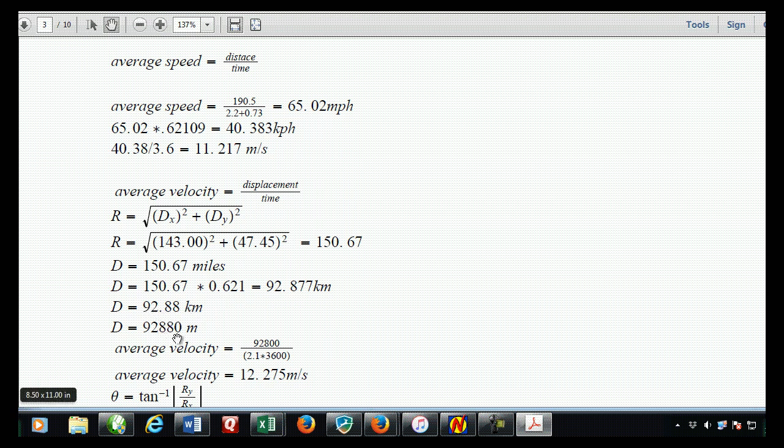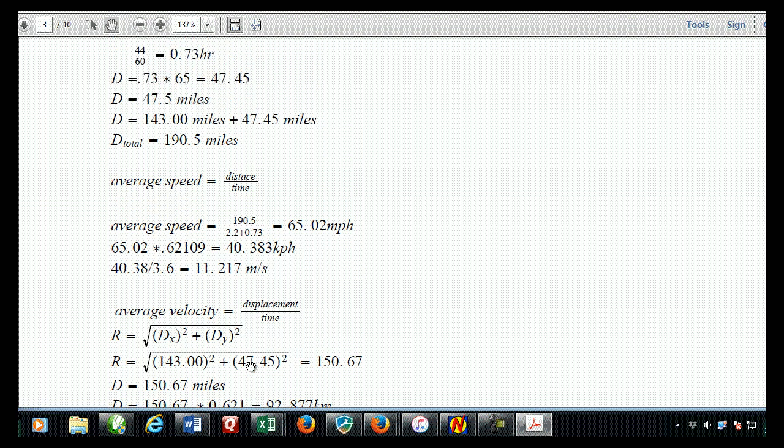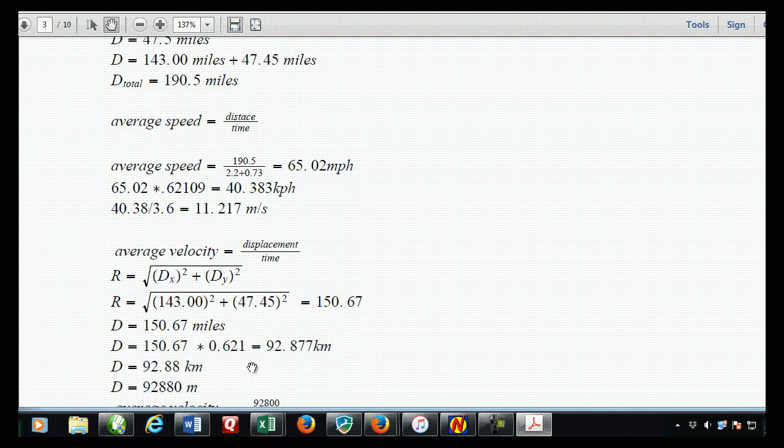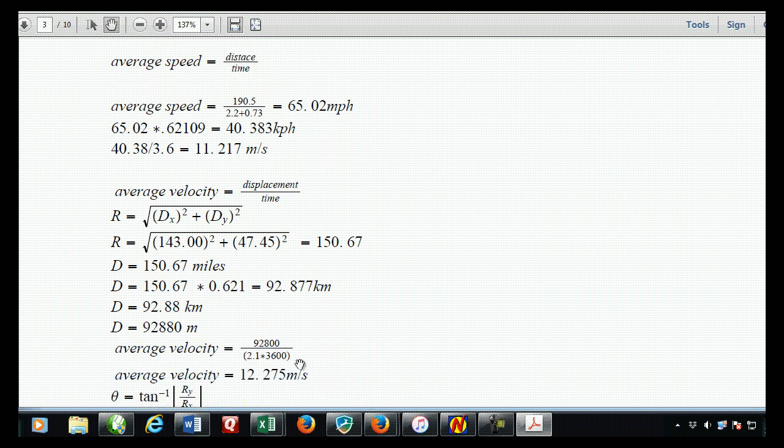I went ahead and multiplied that by 1,000, gave me 92,800, divided by 3,600 seconds in an hour times 2.1 hours. And then I divided those two, got 12.275.